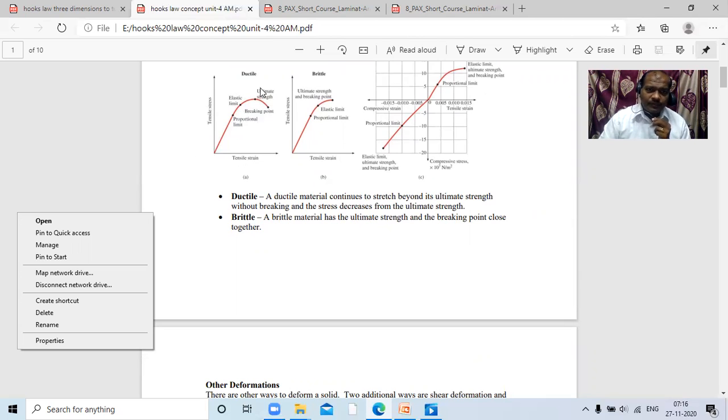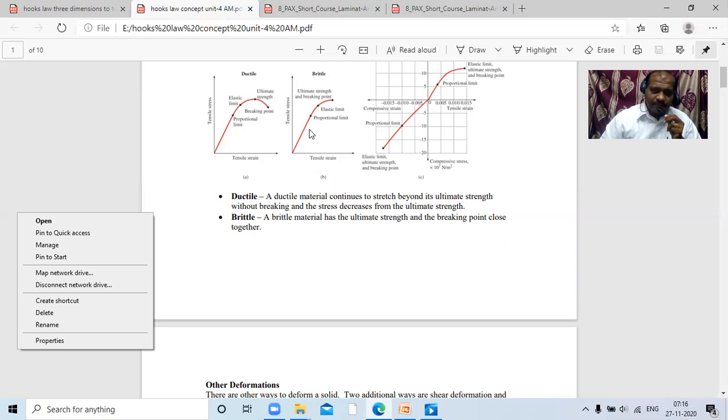If you observe, even beyond the ultimate strength, the material is going to try to deform on its own. That means a ductile material is going to be deformed before it fails. That is the thing to understand here.